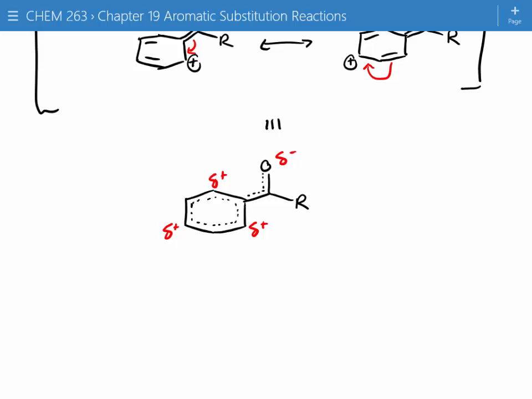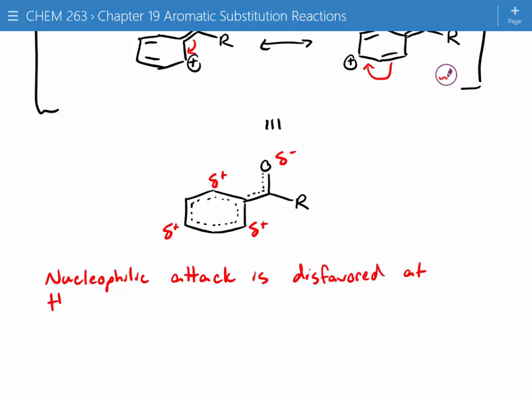The interesting thing to think about is that nucleophilic attack is disfavored at what positions? Para. So think about what makes a good nucleophile.